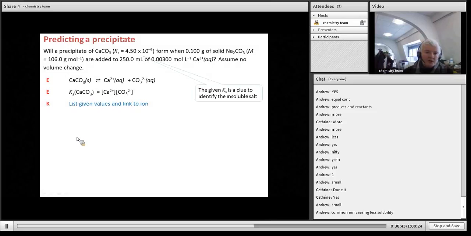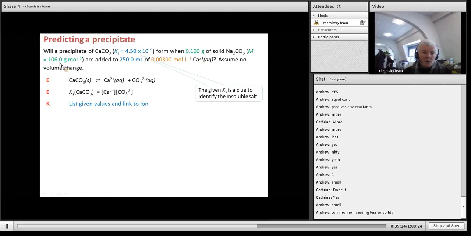Now with this sort of thing, I always suggest you write a list where you have the ions separated, the calcium ions and the carbonate ions, from the given values. I've highlighted in green what you get for the carbonate ions. My carbonate is 0.1 grams of sodium carbonate, and the molar mass of sodium carbonate is 106.